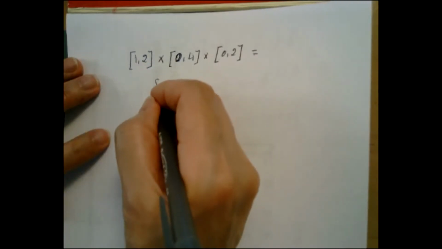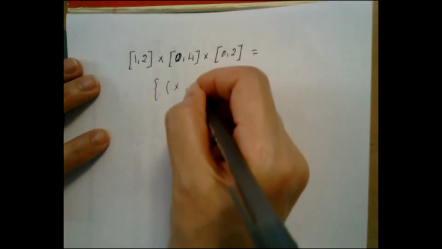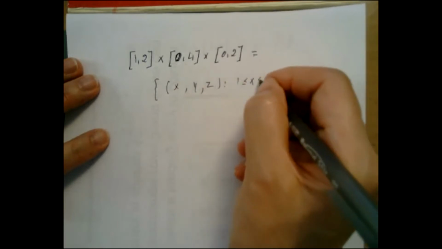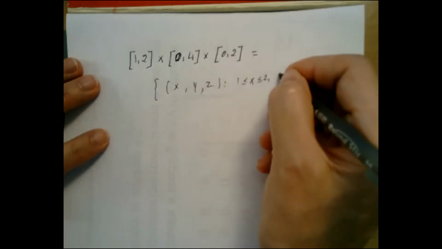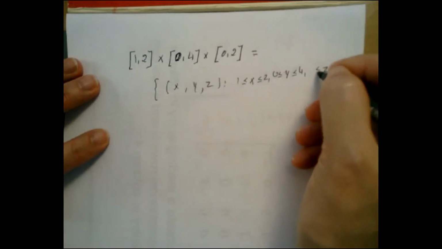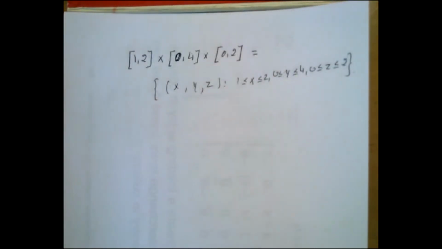So what does this set represent? The elements are (x, y, z) such that x is between 1 and 2, y between 0 and 4, and z between 0 and 2. How can we visualize this set?